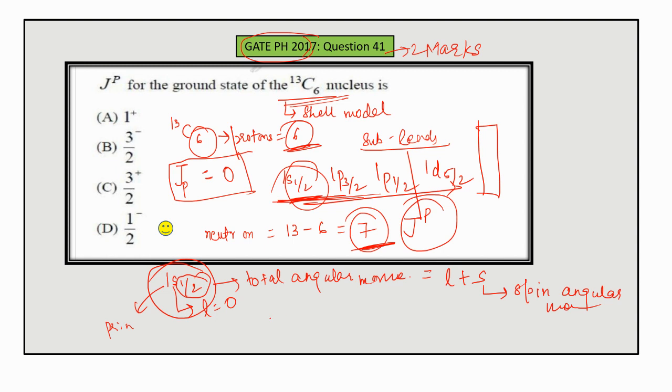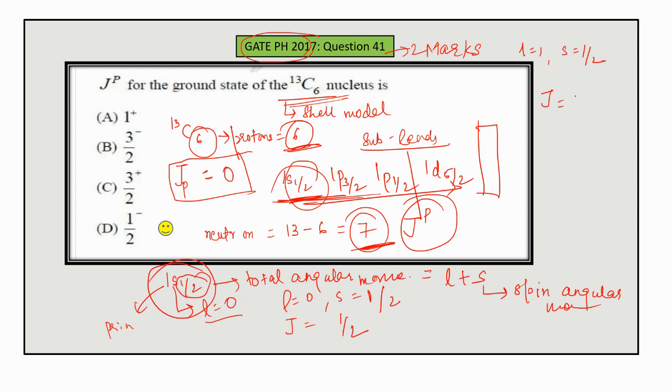Now in this case, L equals 0 and S equals 1/2. Why is S 1/2? Because neutron and proton both are fermions with spin 1/2. So you will get J equal to 1/2, and that is why we have the 1s 1/2 state. Now take the other case, when L is 1 and S is 1/2.